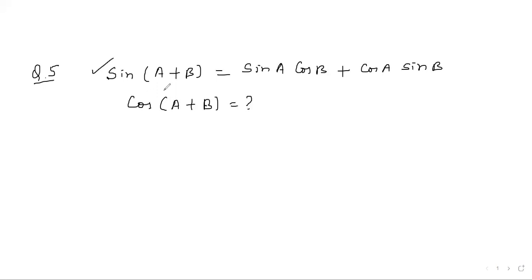So we are going to use this formula, and from there we shall try to get the formula for cos(A + B). Here we have to use the concept of differentiation. Let's see how.